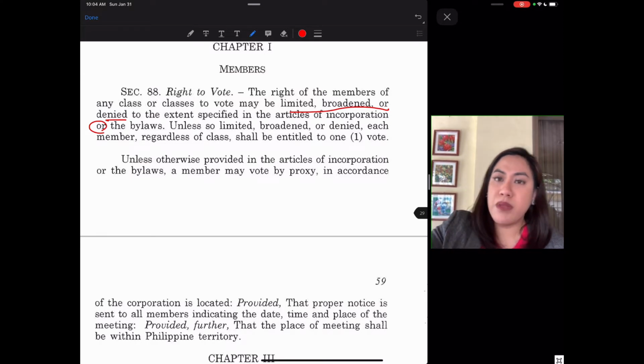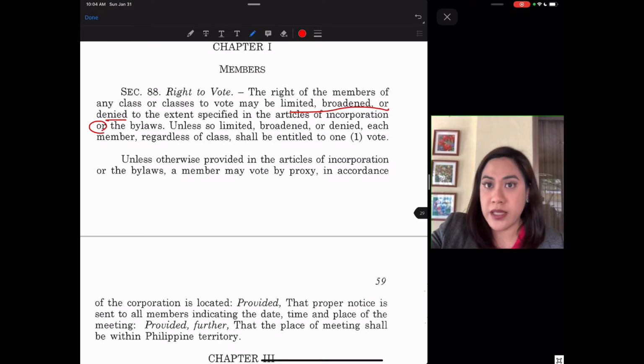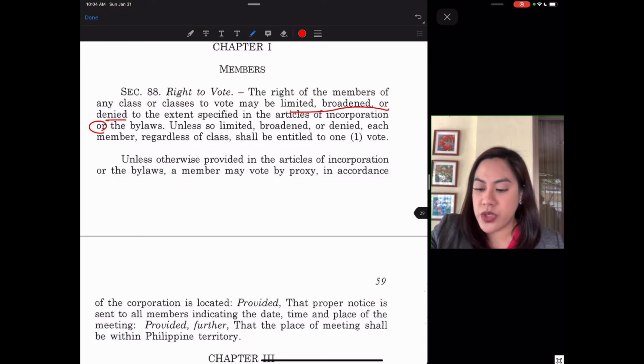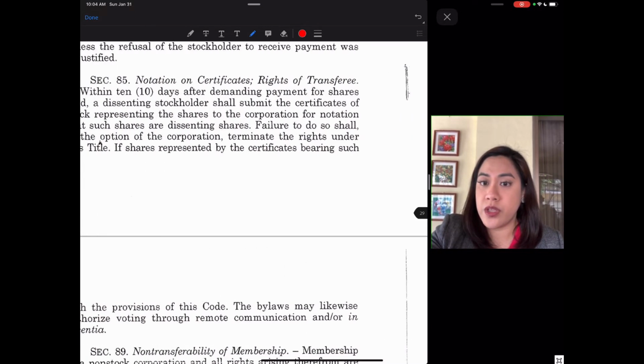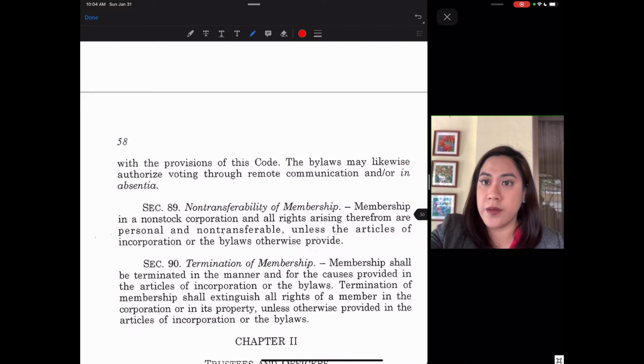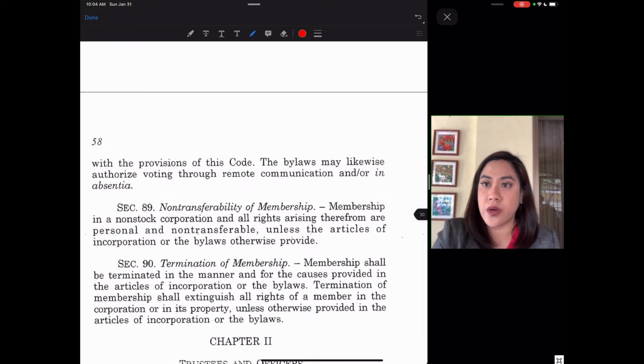So, similar to restricting voting rights, the bylaws may also provide that the quorum may be less or more than a majority of its members. And this is the continuation of Section 88. So similar also to stock corporations, the bylaws may provide for voting through remote communication or in absentia.